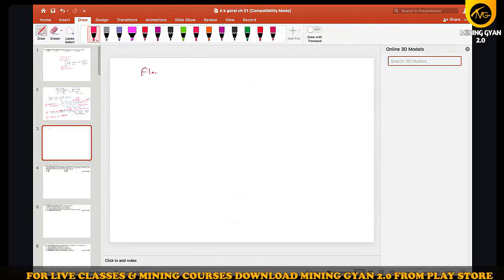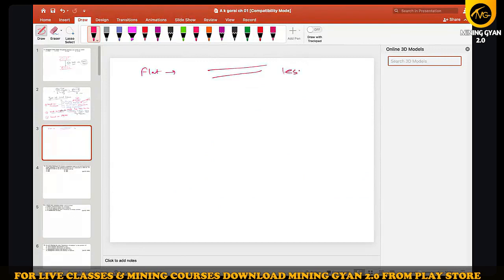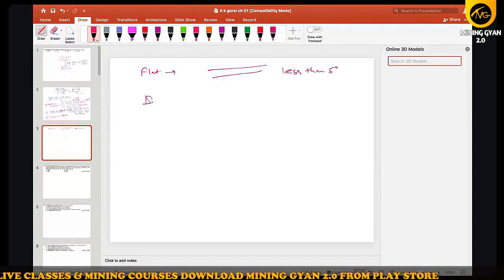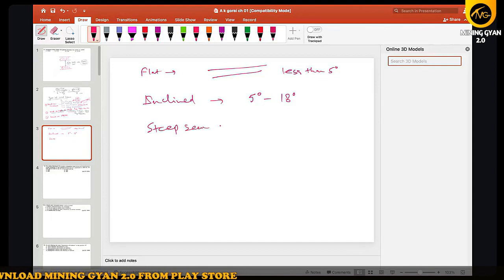So flat कब होगा? Gradient of the seam is less than 5 degree. Inclined कब होगा? Inclined seam कब होगी? If 5 degree to 18 degree, or if the steep seam 18 degree to 40 degree.